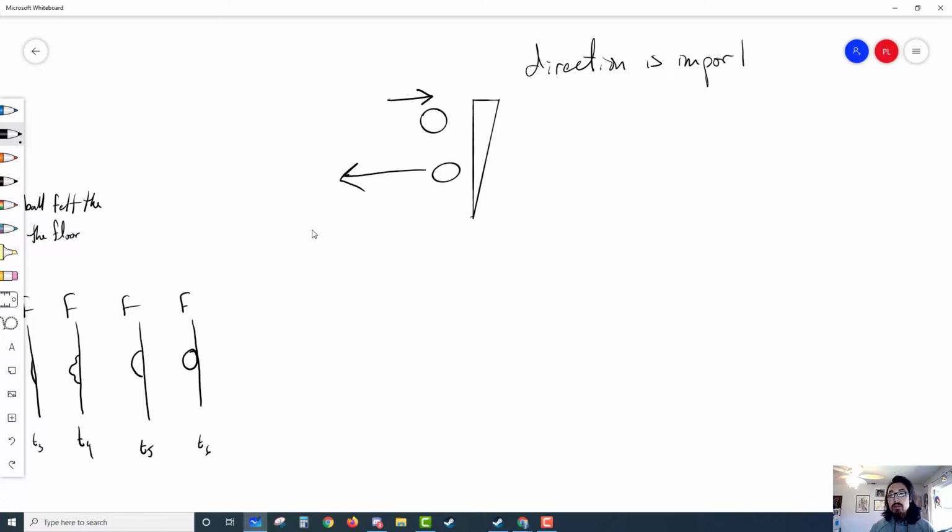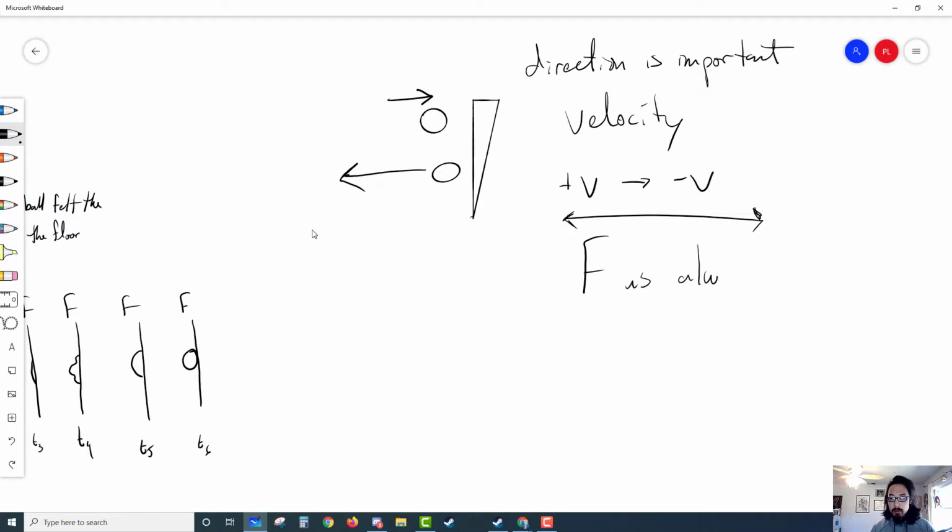And the direction is definitely important in terms of the velocity, because the change in velocity is from a positive velocity to a negative velocity, because the direction itself is changing. Whenever the direction of an object changes like that, the force is always greater, okay? Because you're basically stopping the motion of a ball. You're going against the laws of inertia, right? An object in motion stays in motion, and so you're trying to change that direction as a whole.